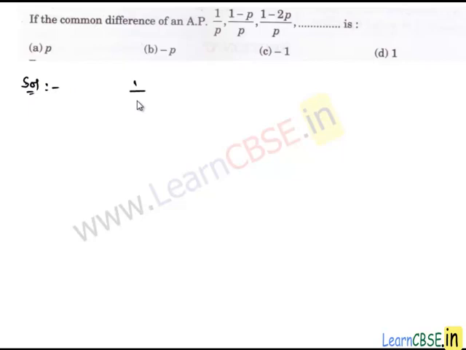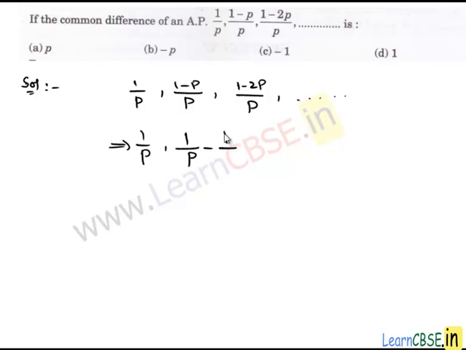Given AP is 1 upon P, 1 minus P upon P, 1 minus 2P upon P, and so on. Let us rewrite the given series by separating the numerator into each of its terms. Then we have the series 1 upon P, and then here we have 1 upon P minus P upon P. Here we separate the numerator into each of its terms, and then we have 1 upon P minus 2P upon P, and so on.